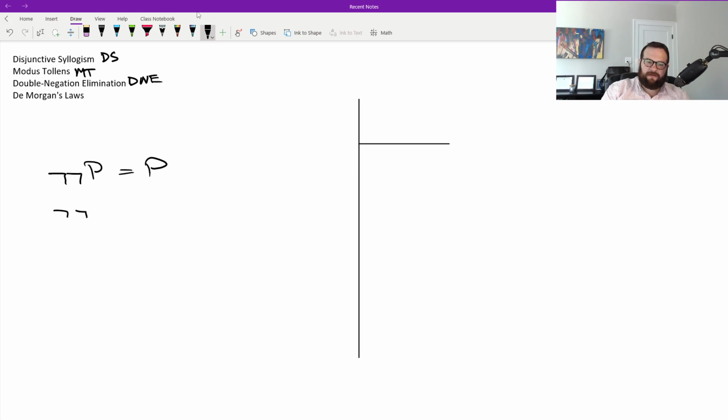You can also do double negation elimination in cases like this. But note that it gets rid of 2 and only 2 negation symbols at a time. So you would end up with not not P. You could use it when there are 4 negation symbols, but you can only get rid of 2 at a time.